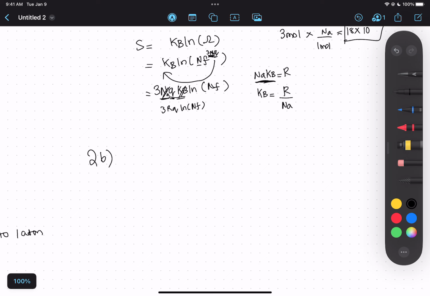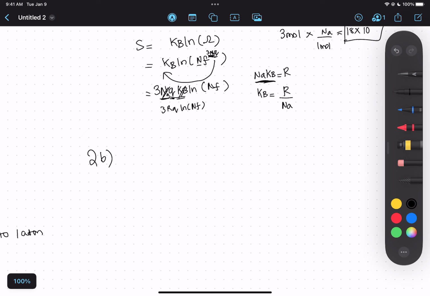Let's see here. It says 2 forms of glucose have different enthalpy. In fact, formation of the beta D form is slightly exothermic as some energy is released as the bonds rearrange. So we have a difference in the delta G from A to B of negative 1.43 kilojoules per mole.